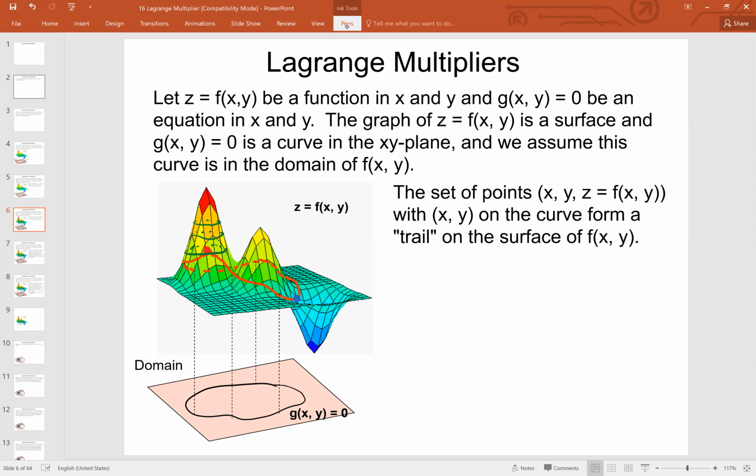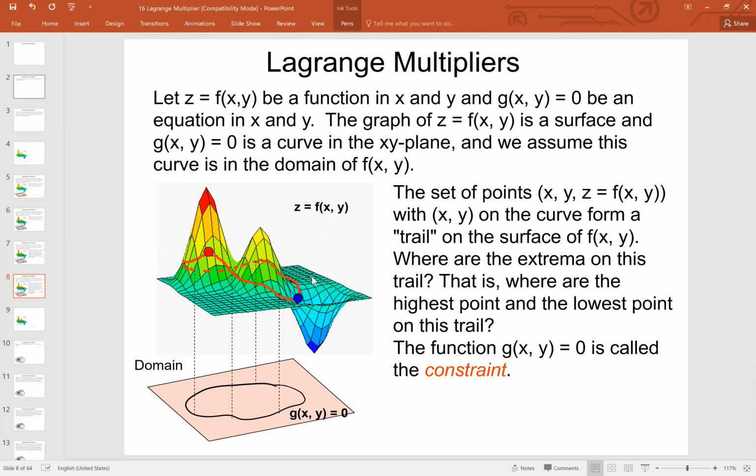The same thing holds for the minimum point, the lowest point on the curve. If I look at the level curves, this curve right down here will be a level curve, and then at the lowest point, again, the tangent line along the curve and the path coincide.